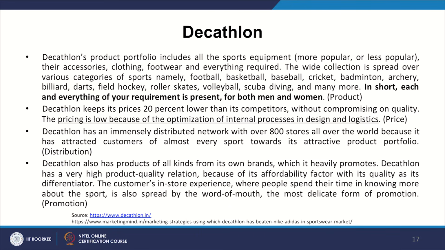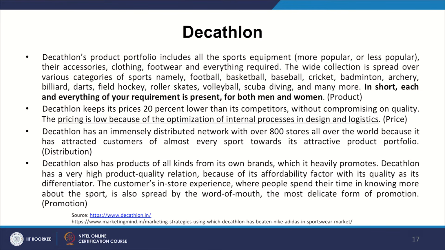For example, Decathlon. And I will give you a composite structure while mentioning this example. Decathlon's product portfolio includes all the sports equipment, more popular or less popular, their accessories, clothing, footwear and everything required.